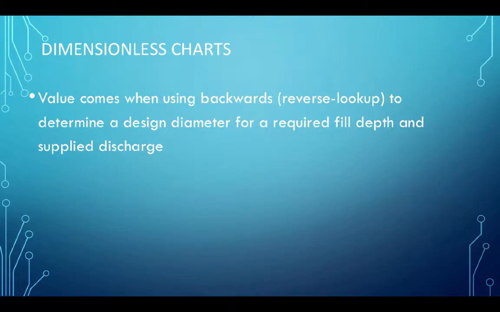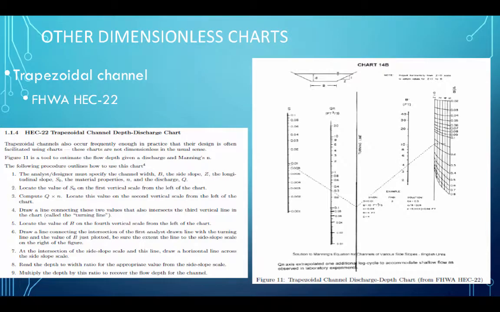So the value of these charts comes from doing reverse lookups, where you have a desired fill depth and a supplied discharge, to look up backwards to find the required diameter.